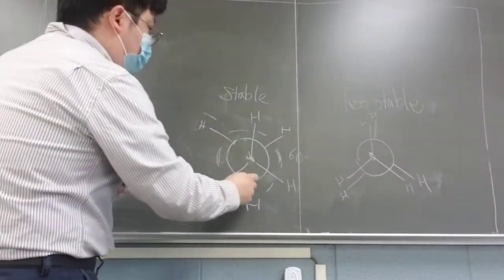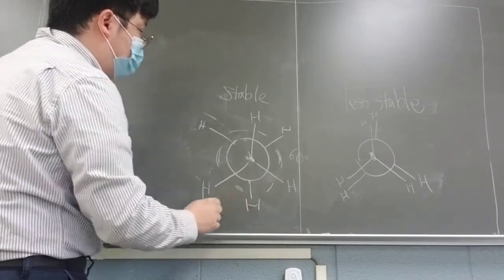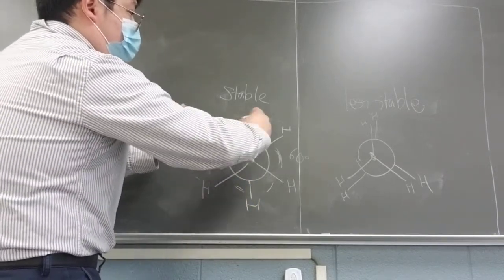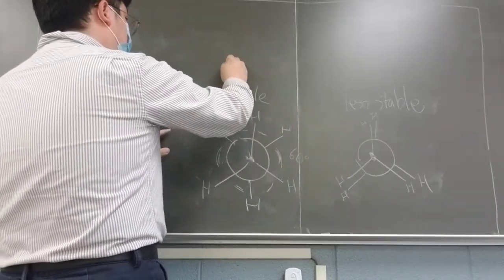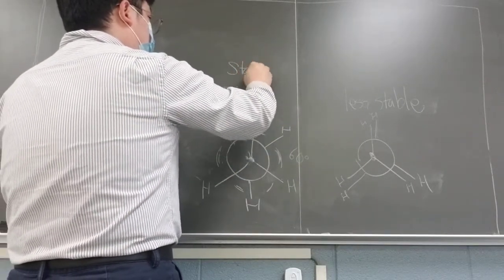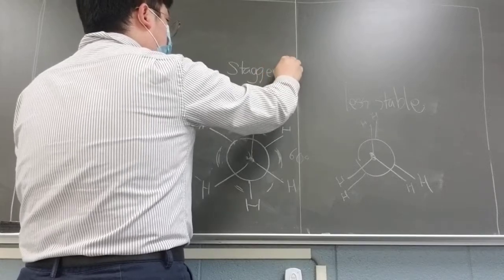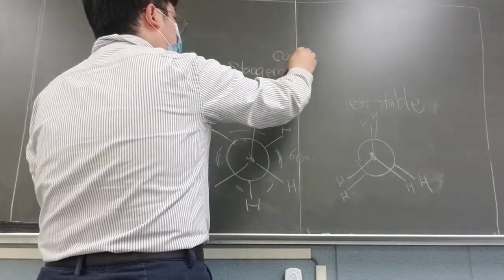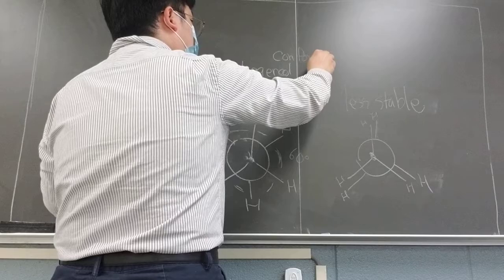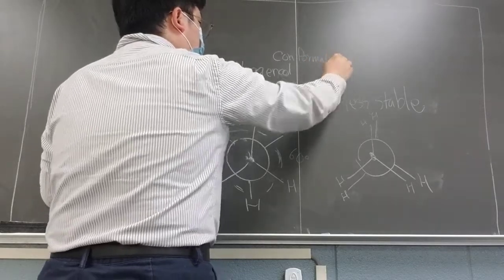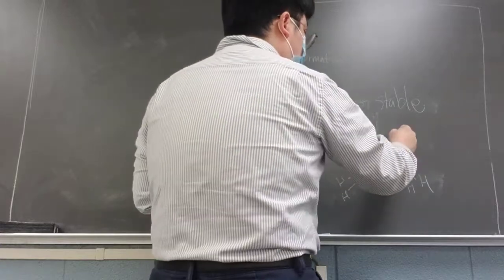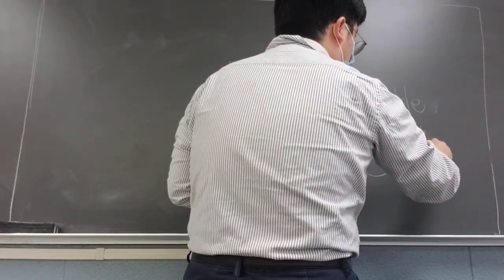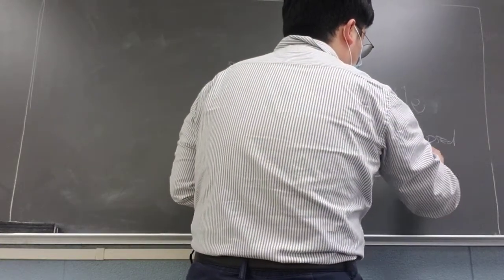So we distinguish these two by naming this one a staggered conformation. And this one is eclipsed, the eclipsed conformation.